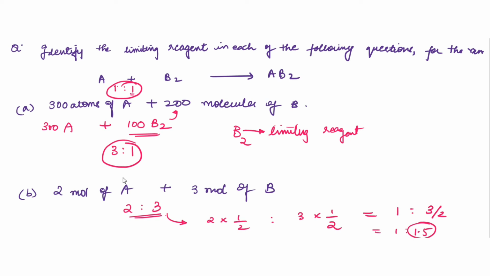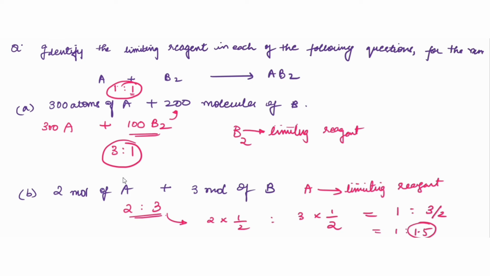Compare 1:1 and 1:1.5. There is 1 present and 1.5 present, which is B, more than required. So B is the excess reagent and A is the limiting reagent.